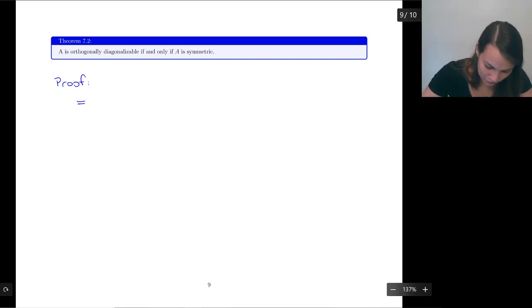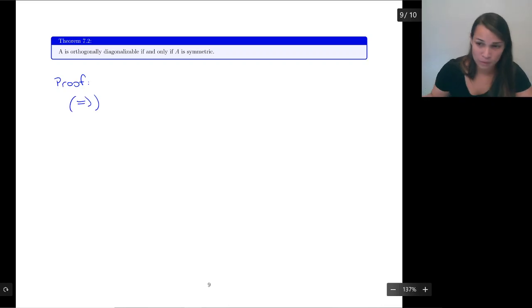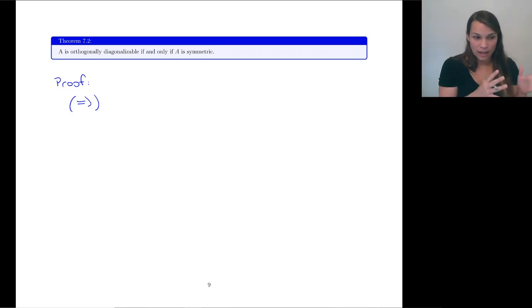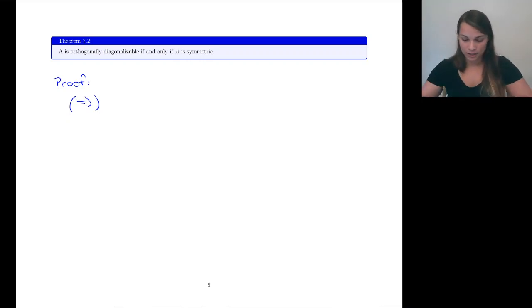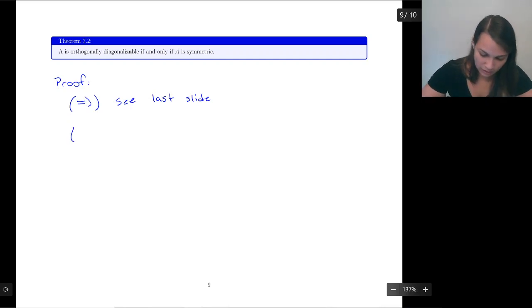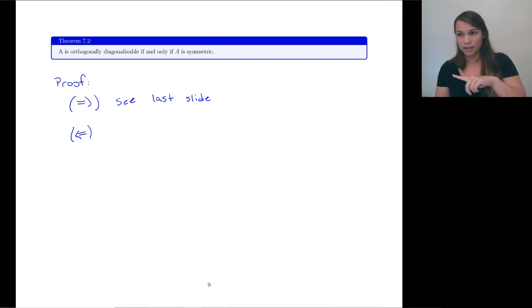Okay, so if and only if statements, you've got to prove it going both directions. Going forward, start with orthogonally diagonalizable and get to A is symmetric. We just did that.